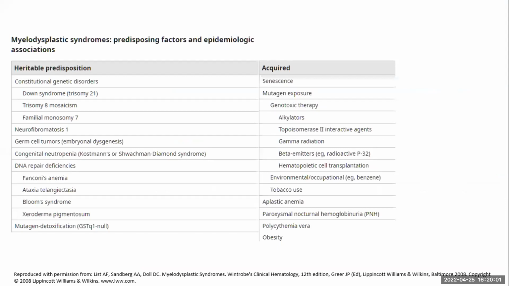And then of course, occupational exposures like your benzene, or tobacco use, like I mentioned earlier. And then important diseases to remember in this regard include aplastic anemia, paroxysmal nocturnal hemoglobinuria, which is PNH, polycythemia, and of course, like in any other condition, obesity will always be a risk factor.